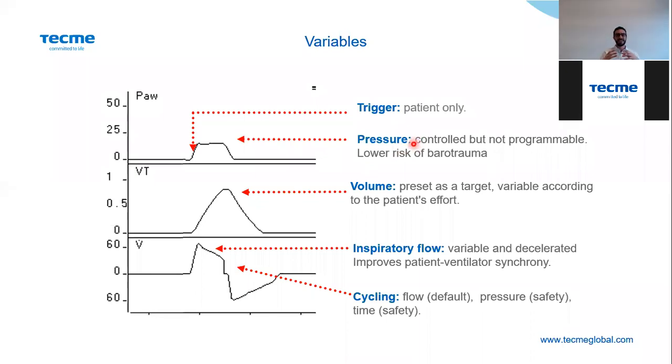However, the breaths are delivered in a controlled pressure way. Volume here is preset as a target, and variable according to the patient. And the inspiratory flow is variable according to the patient. The cycling, again, it's a 100% spontaneous mode, will be performed by the patient.